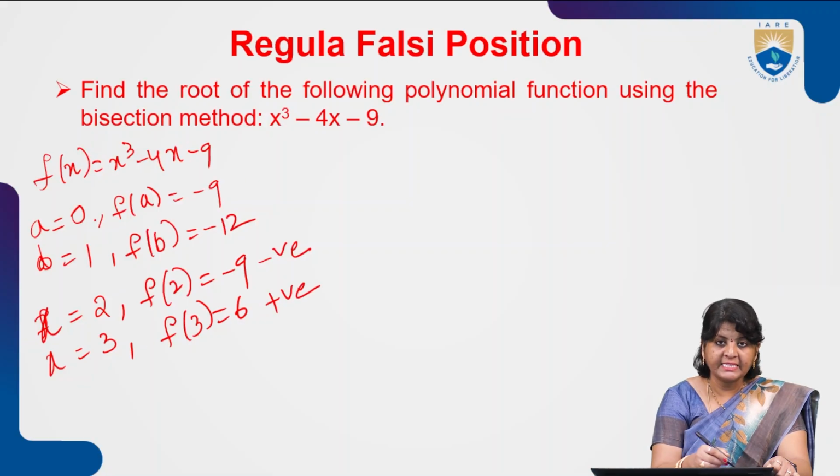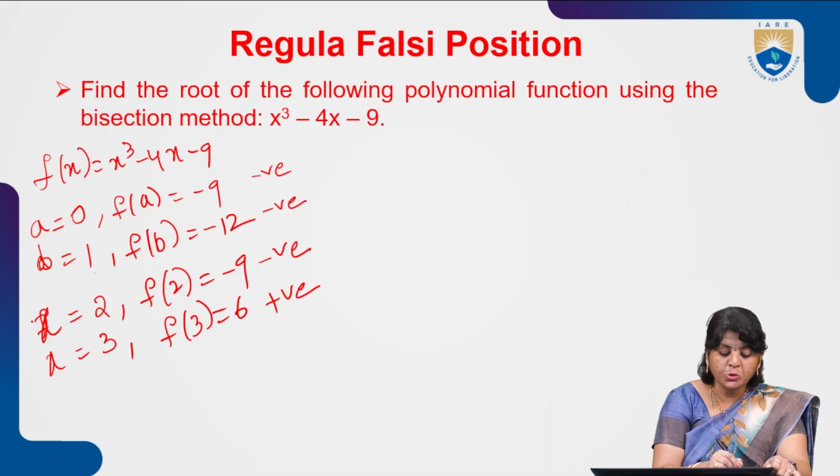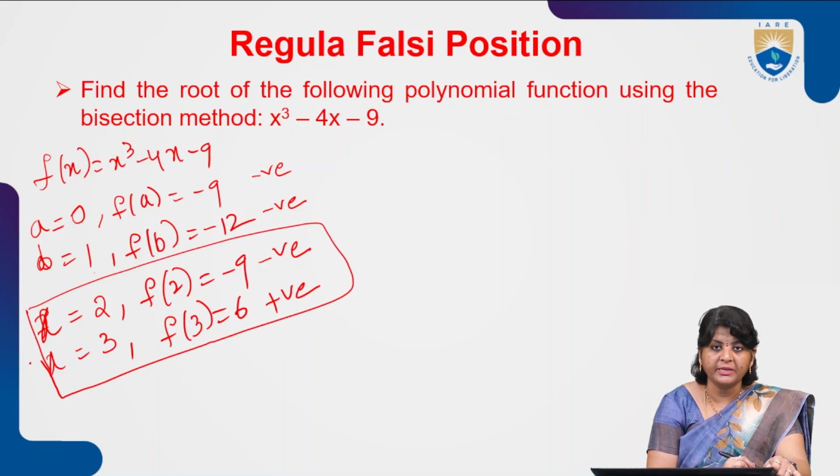In the previous case, when you consider 0 and 1, f of 0 is minus 9, negative, and f of 1 is also negative, f of 2 is negative, f of 3 is positive. We can choose the initial guesses as a is equal to 2 and b is equal to 3.